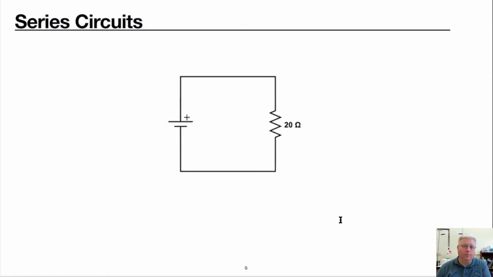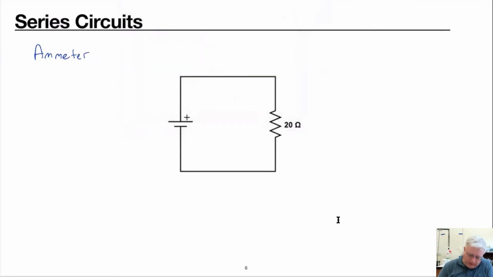In this circuit, we can actually measure the current experimentally by inserting what we call an ammeter, as in amps, right? What we would do is place it in series.